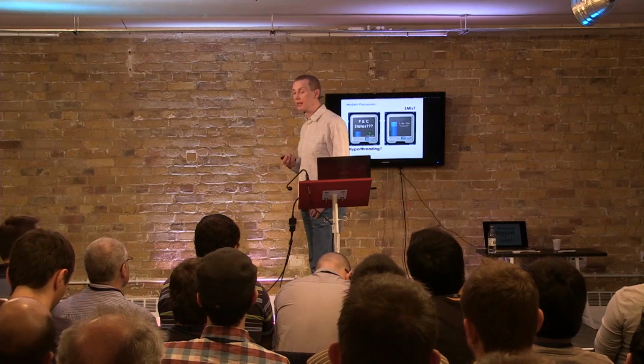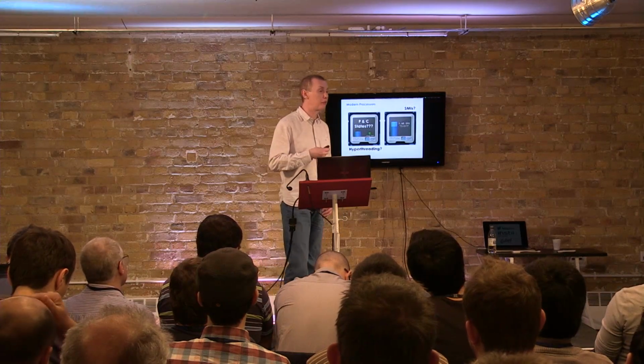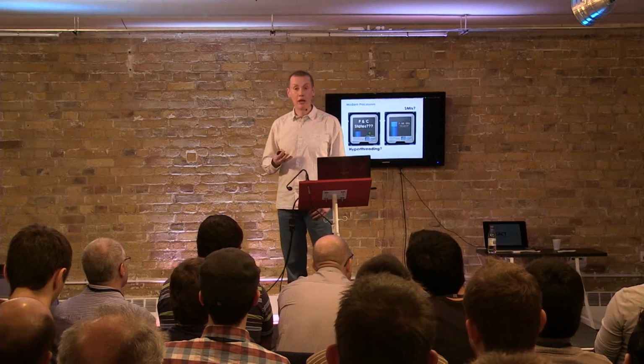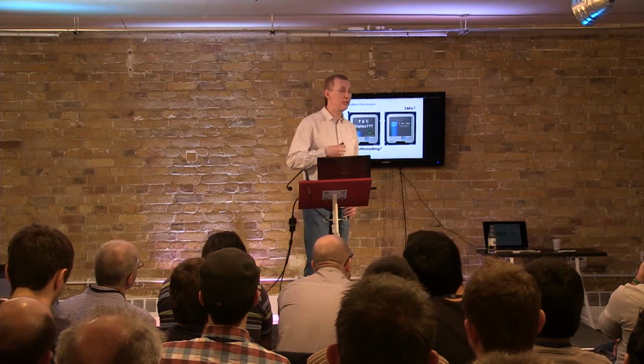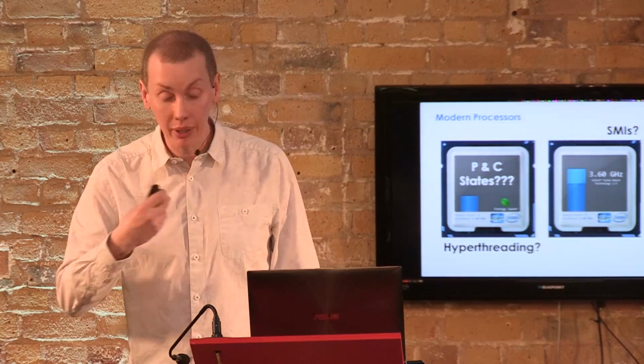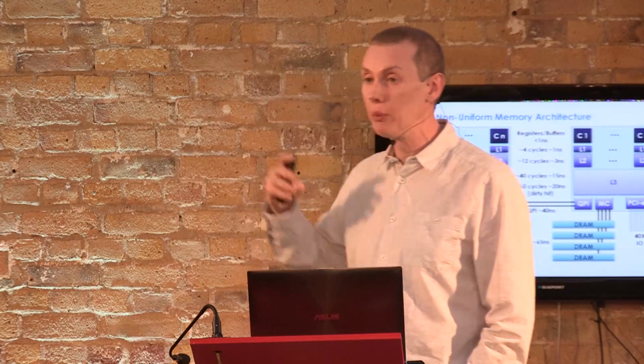It has to share things like the decode buffer for instructions, and the translation lookaside buffer for translating virtual to physical addresses. Now, going back to queuing theory, that halves the amount of resource you've got, so your utilization goes up. Your utilization ends up doubling on those things, which impacts response rates. It doesn't necessarily impact throughput, but it does impact your response rates. So you've got to be aware that this happens at different levels on the way up. We come up a little bit from the processors.